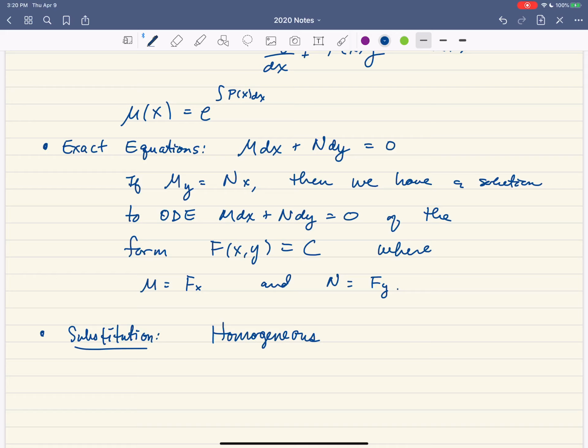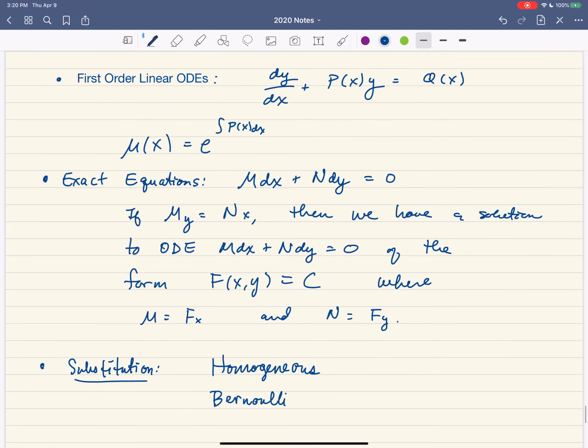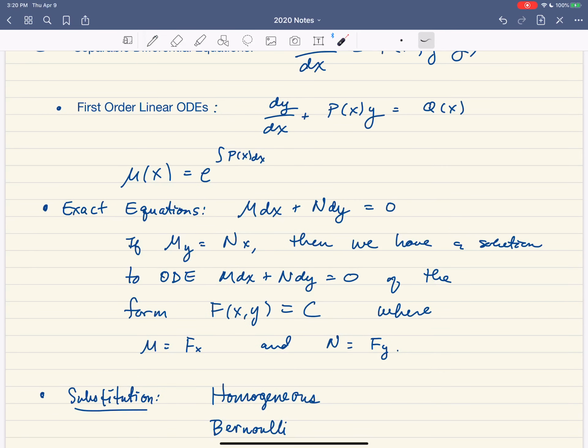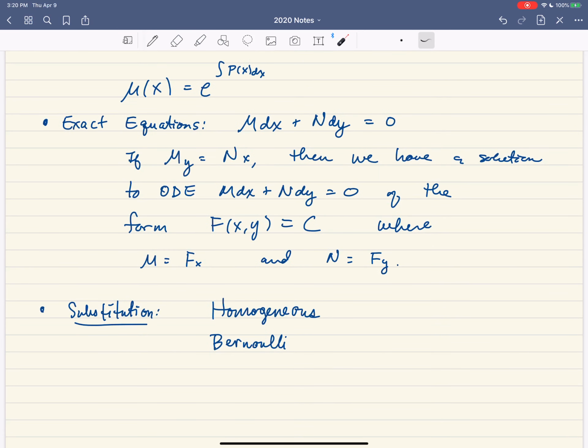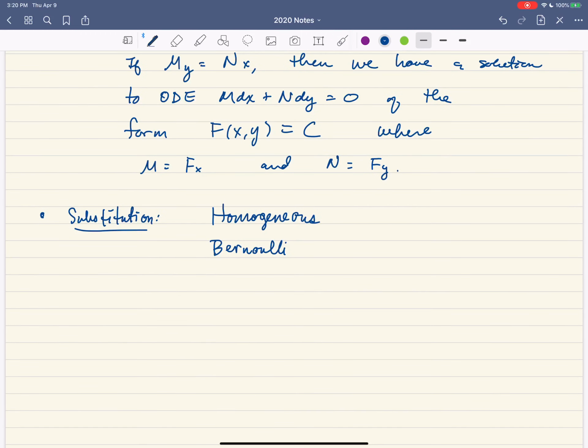And then there were also Bernoulli substitution problems. They basically look like linear ODEs, except you have a y to the n here, and your substitution is y to the 1 minus n. So that's substitution in a nutshell.